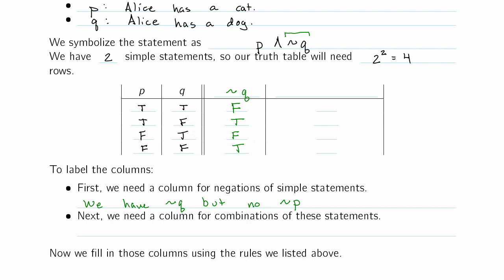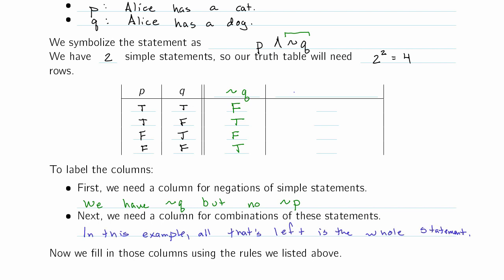Now that we've filled in a column for every negation of a simple statement we see, next we fill in a column for everything that is put together by combining two things we already have. In this example, all that's left is the whole statement.